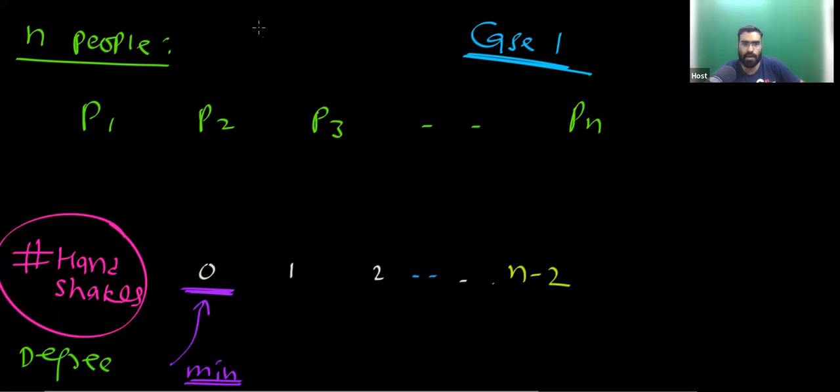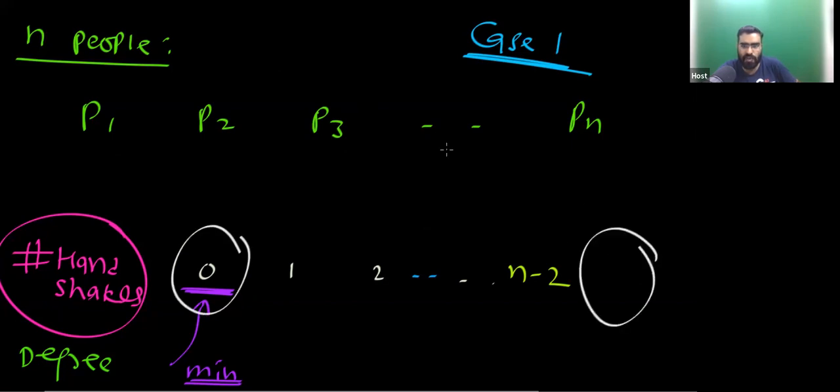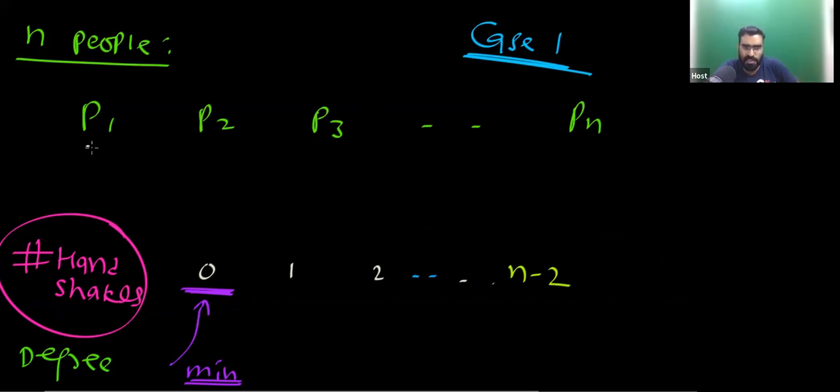Are you finding this proof interesting? If there is a person who does not shake hands with anyone else, an introvert or coronavirus person, then there is no person who can shake hands with everyone else. So if 0 happens, then n minus 1 cannot happen.